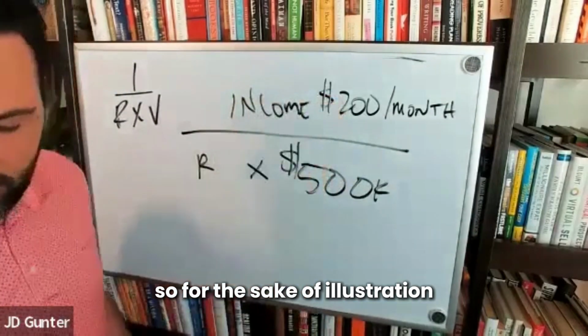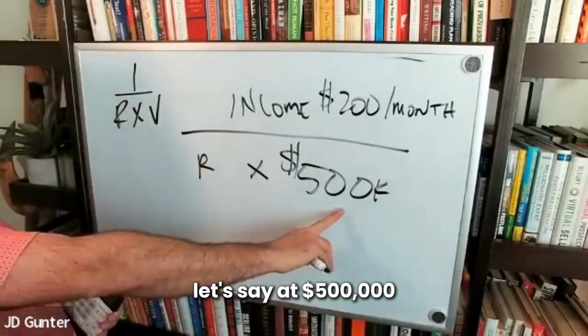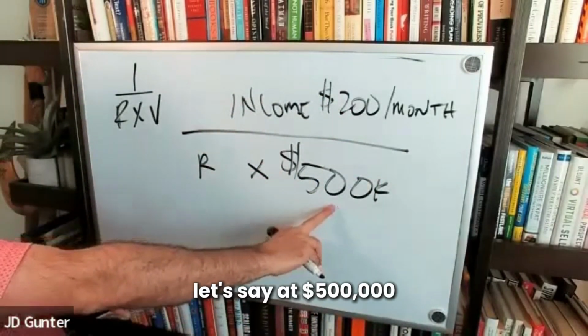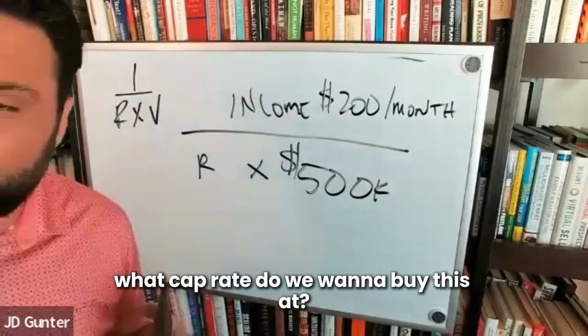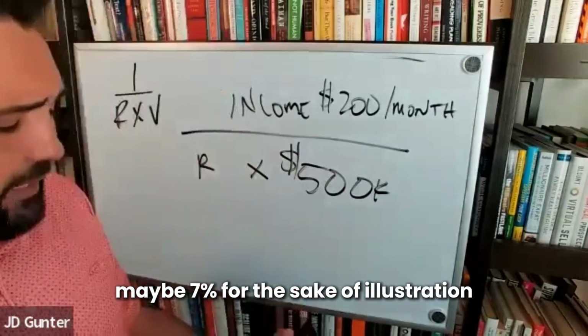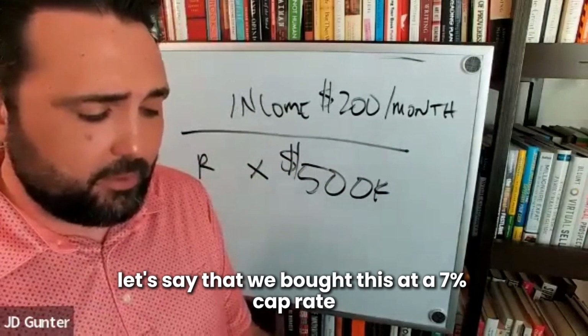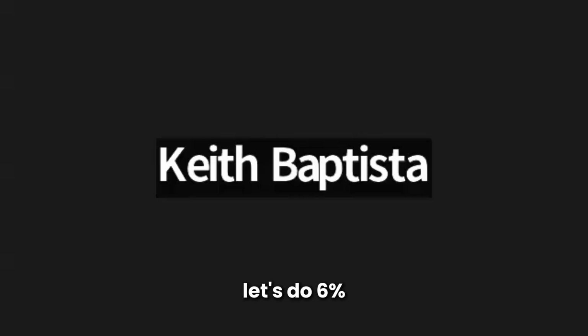So for the sake of illustration, let's say that at $500,000 purchase price, we bought this at, what cap rate do we want to buy this at for your example? Maybe 7%? Let's say that we bought this at a 7% cap rate. So JD, let's do 6%.